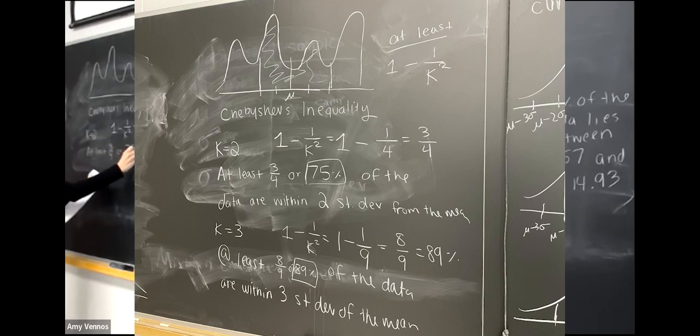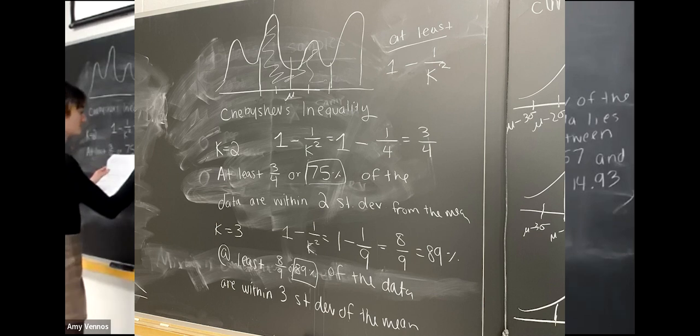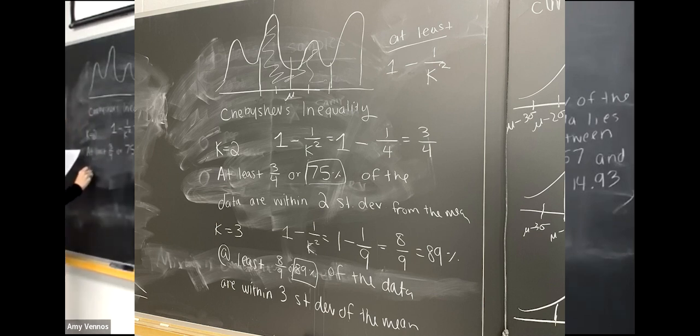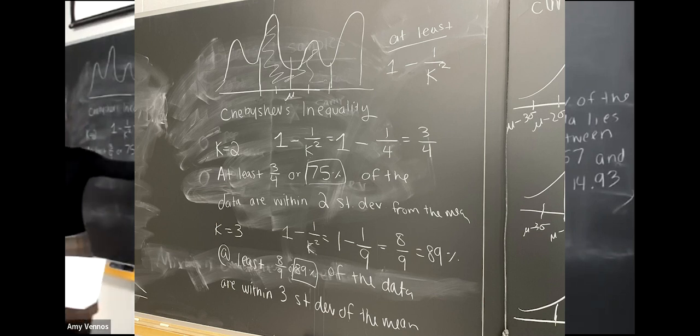Or 75% if you type in your calculator, of the data are within 2 standard deviations from the mean. Okay, so kind of like our second graph here.